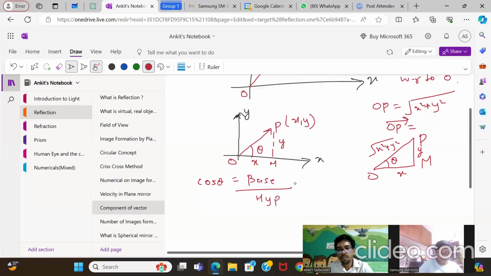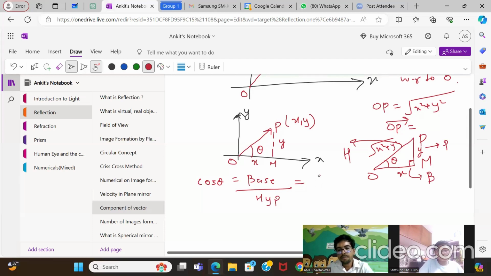So what is base? Opposite to theta is the perpendicular. Opposite to the 90-degree side is the hypotenuse, and whatever remains is the base. Clear? In this triangle OPM, tell me what is base?